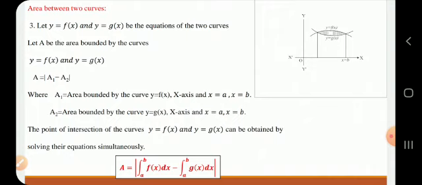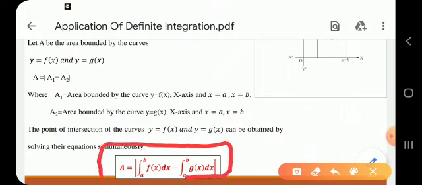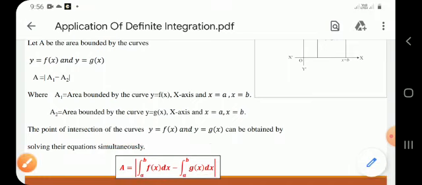And to find this area, we have a formula given in the box. Area is equal to the integration from a to b of f of x dx, then with a minus sign, the integration from a to b of g of x dx. So remember this point also.